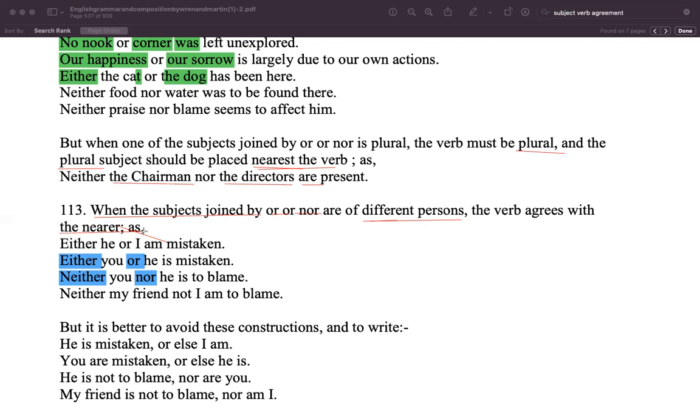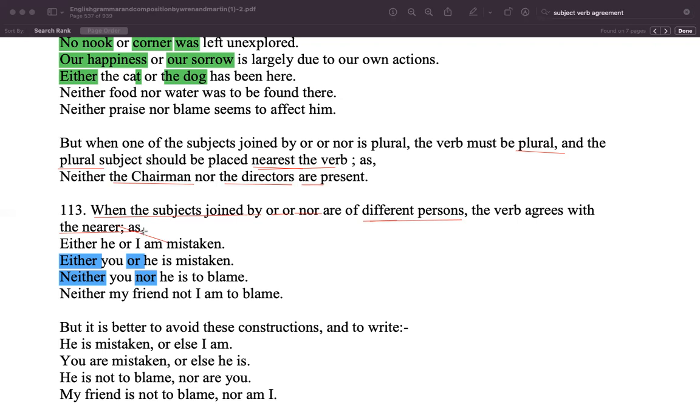Let's say I am saying either he or I, not is, mistaken. As I is given, so I am mistaken. Either you or he is mistaken. Neither you nor he is to blame. Neither my friend nor I am to blame.